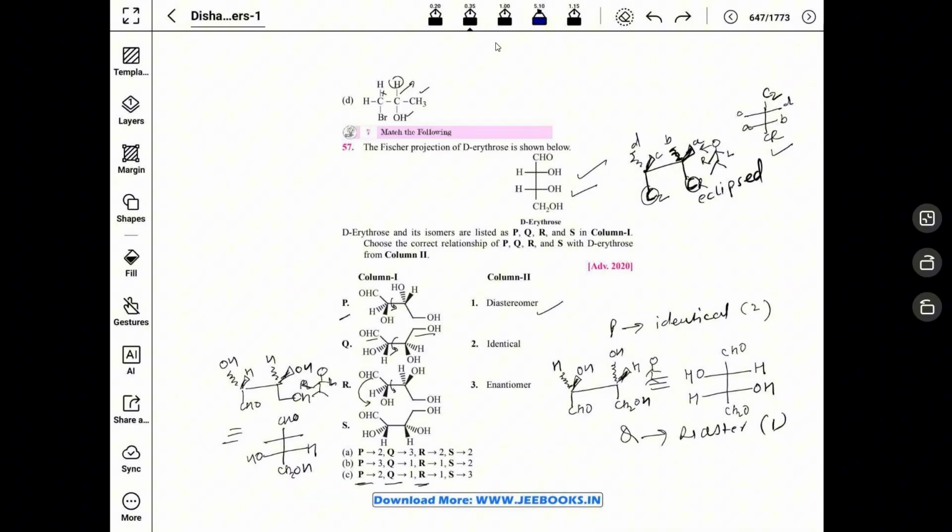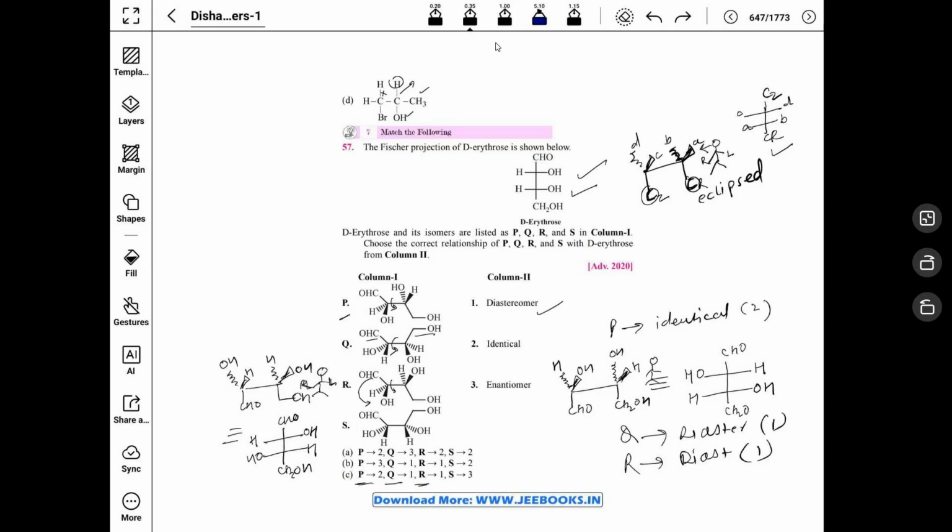So hydrogen is on the left side and OH is on the right side. Now what is the relationship of R? You can clearly see that R is nothing but a diastereomer. So R is also a diastereomer, so it is matching to 1.